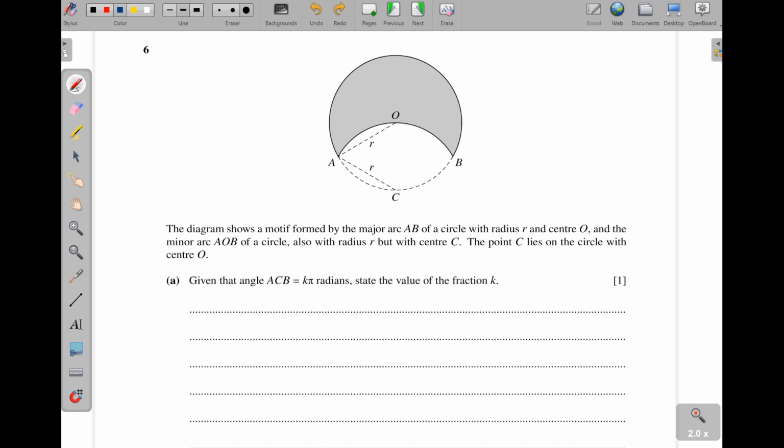Now, by looking at what we are having here, if I connect this C here to B, and I also connect O here to B, now since C here is a center, and this is an arc AOB, this is its radius.